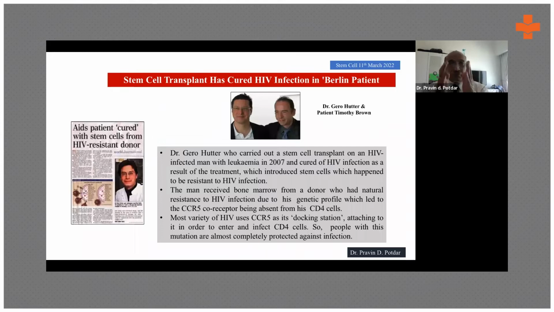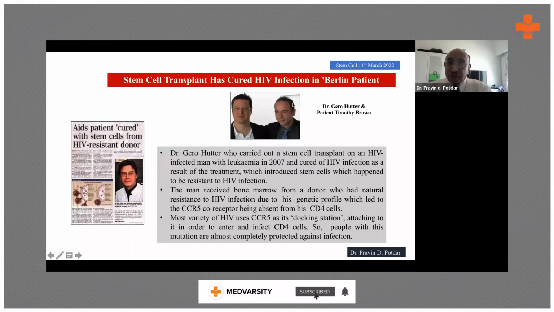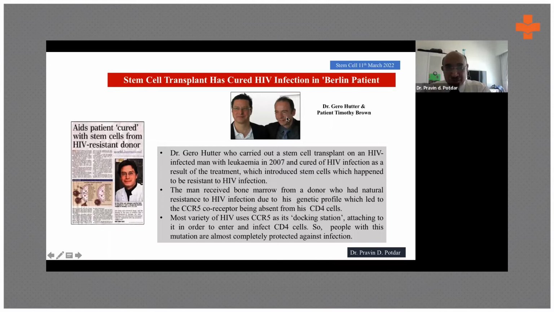Now this was the first time stem cell transplantation cured HIV infection, in the Berlin patient, and see how powerful that program was. The doctor became famous, and the patient also became famous because he was cured of HIV.